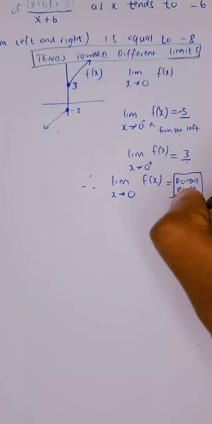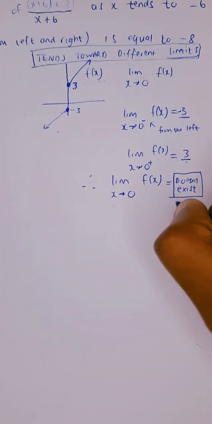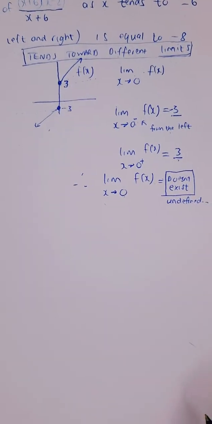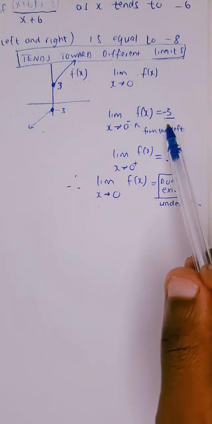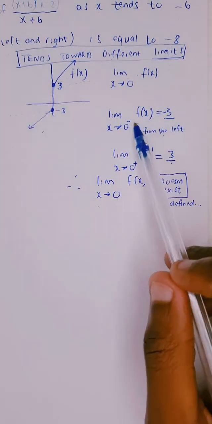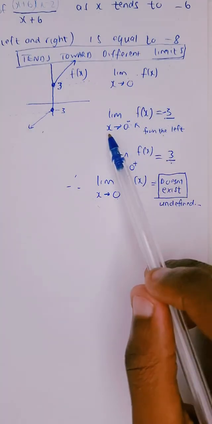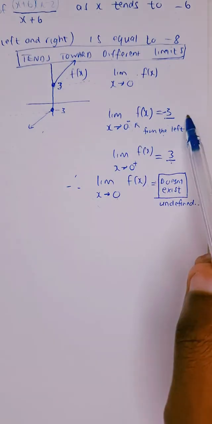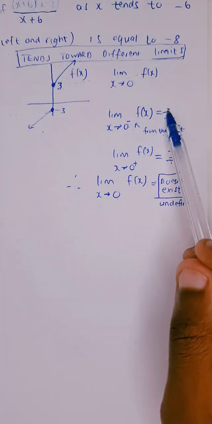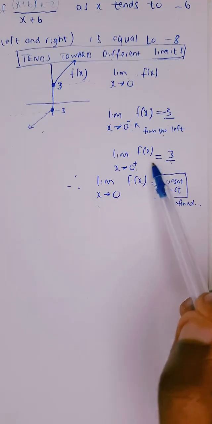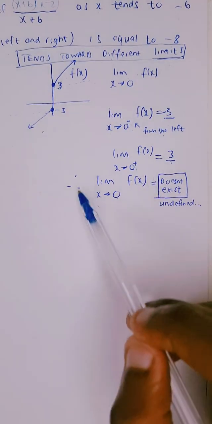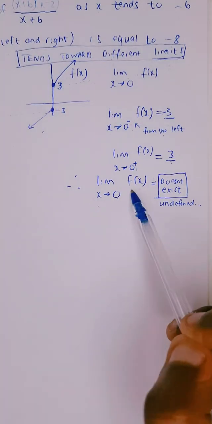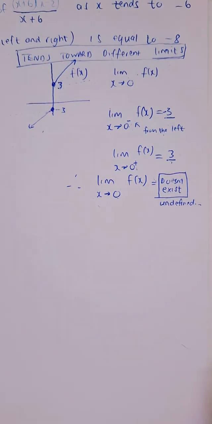Or in other words, we can say it's undefined. Why are we saying it's undefined? Because guys, if we are dealing with a certain function, and as we approach a certain value from both sides, we find that from the left there's a certain limit and from the right there's a different limit, then it means that the limit of that function as it approaches that specific x value simply does not exist.